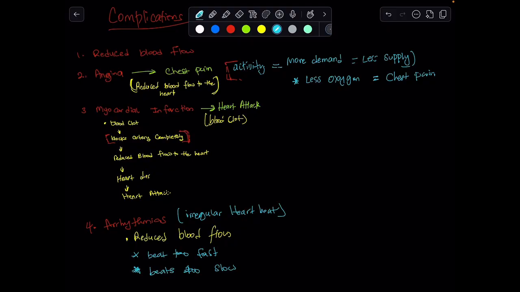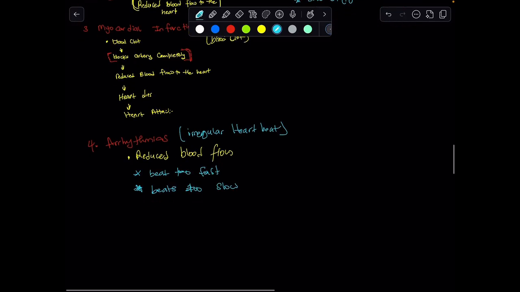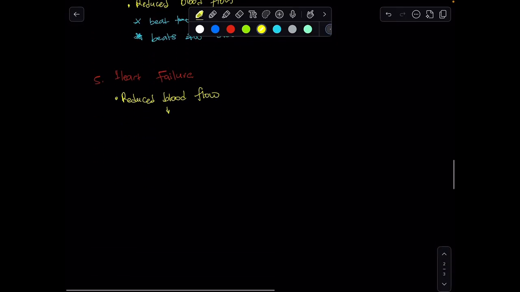And you can also have heart failure. By definition, heart failure means the heart fails. In comparison to a heart attack, where the heart dies because it's getting reduced blood flow, heart failure is that the heart is working so much. Let me just put reduced blood flow because that's the premise of everything. It means more work from the heart.